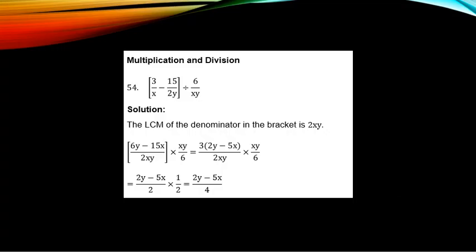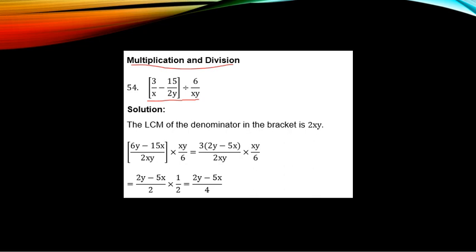Example 54. In this session, we are looking at multiplication and division operations in respect to algebraic fractions. So we have example 54: bracket open, 3/s minus 15/2y, bracket close, divided by 6/sy.